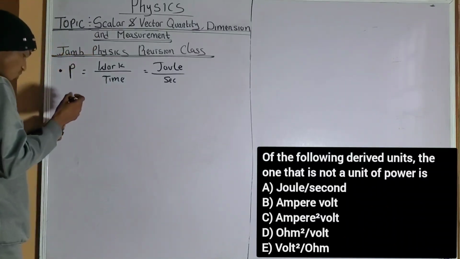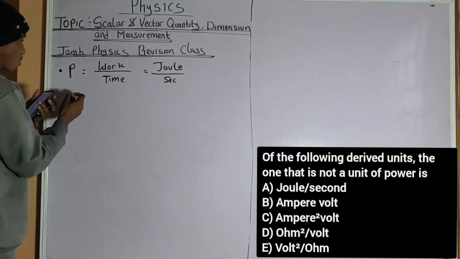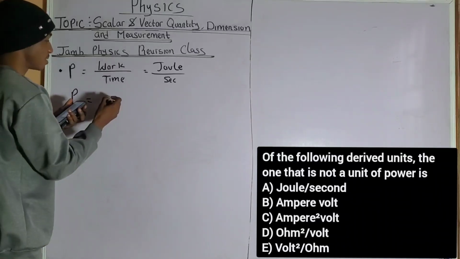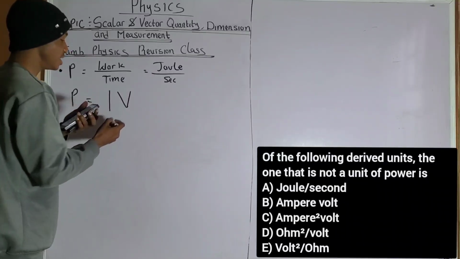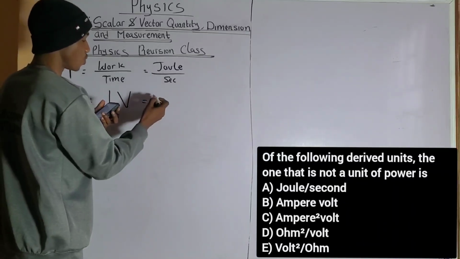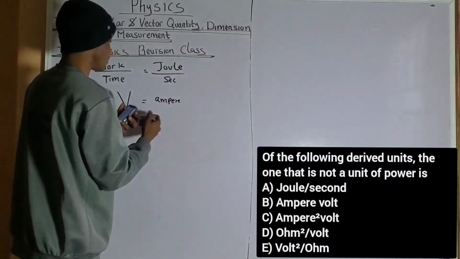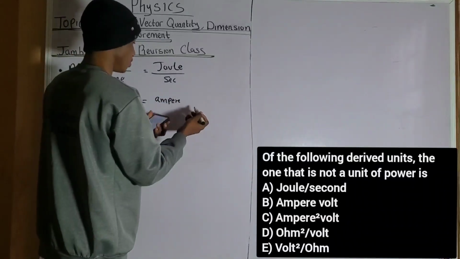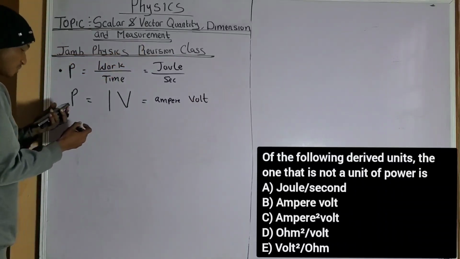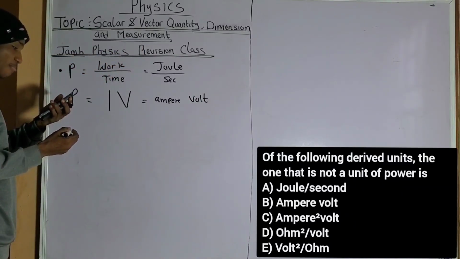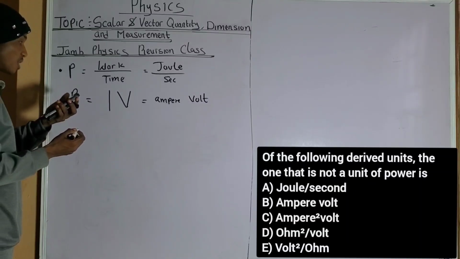Now let us look at the second option. We have ampere volt. Power is also written as current multiplied by volt. And the unit of current is ampere, and the unit of volt is V. So ampere volt, just like that. Now from the third option we have ampere square volt.